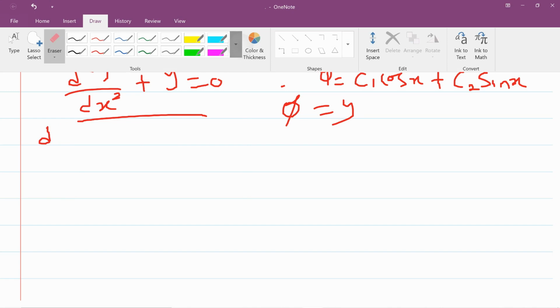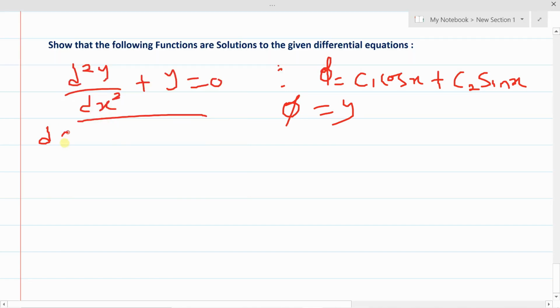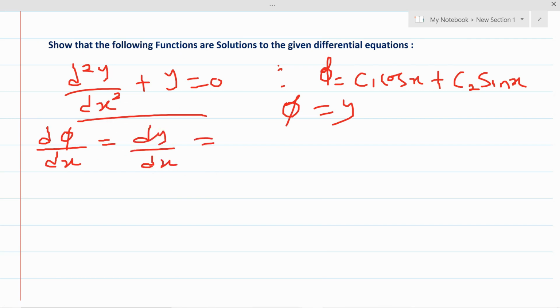So I find phi prime, which corresponds to dy/dx. Differentiating cos, c1 being a scalar, you get negative c1 sine of x, then plus c2 times the derivative of sine, which is cos of x.